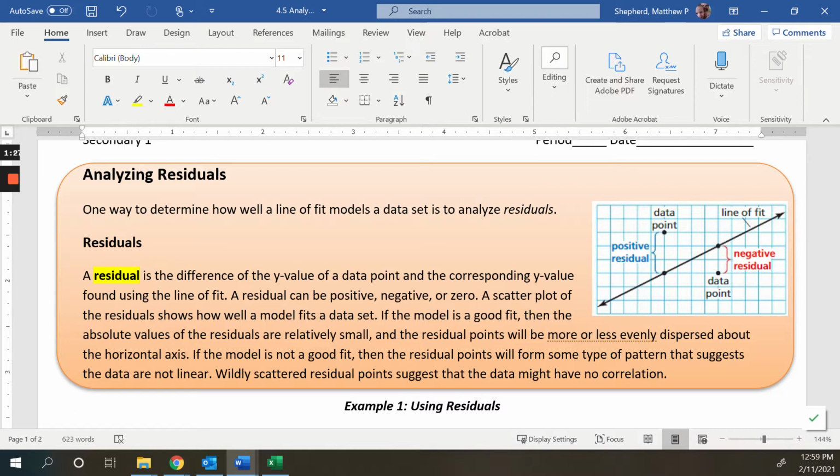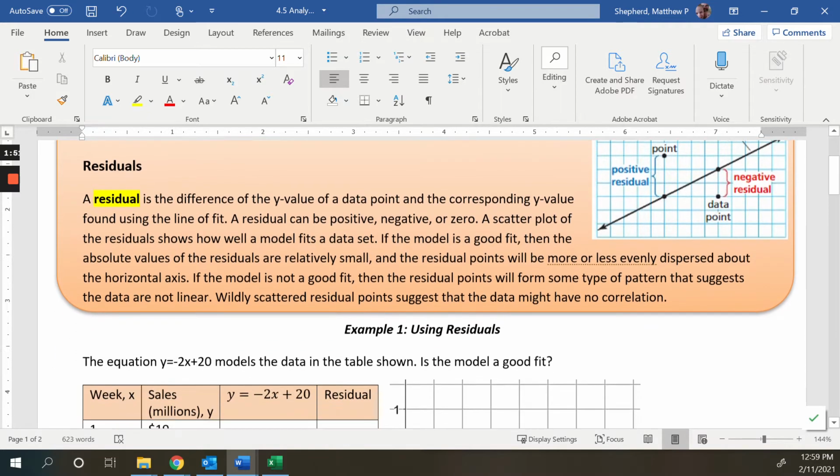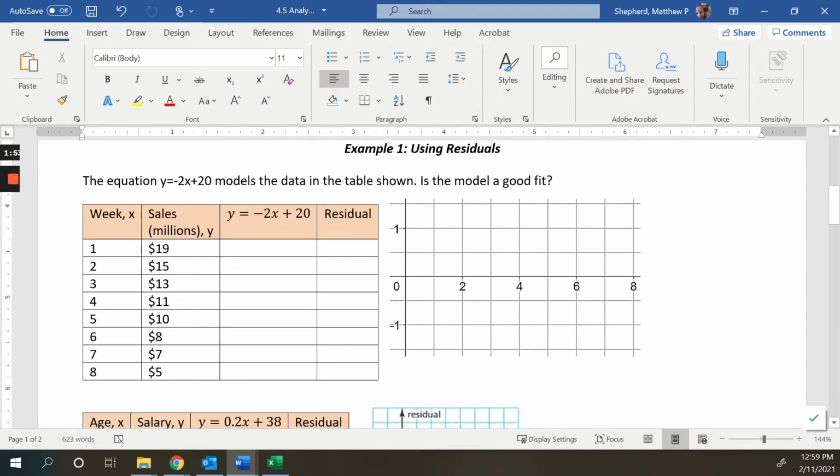If, however, when you graph all your residuals, there seems to be a pattern there, that would indicate that our line that we drew is actually not a good match for it. And as time goes on, our line is going to get further and further away from what the actual model should have been. All right, so let's go ahead and look at this example.